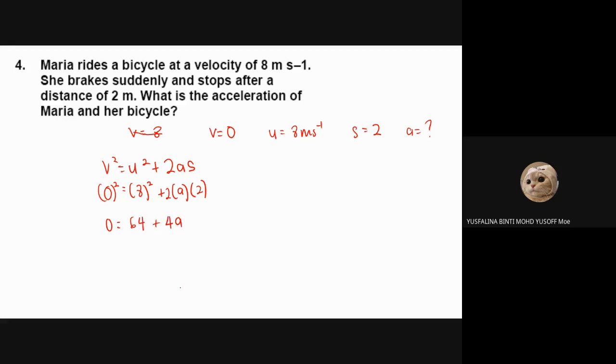Then you move it to this side, it becomes negative 64 equals 4A, and A is negative 16 m/s square. Negative means it decelerates, right? So the answer is negative 16 m/s square. Very good.